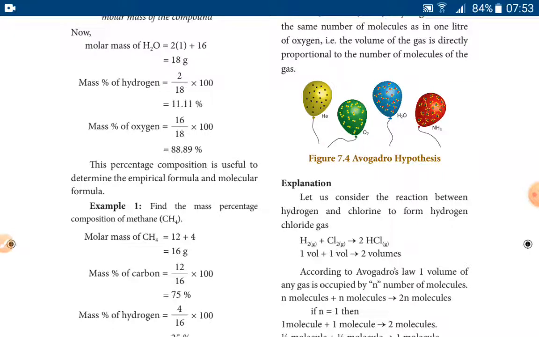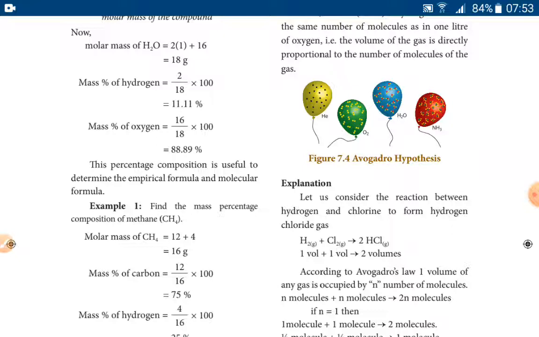So let us consider a simple equation: hydrogen plus chlorine gives 2HCl. H2, 1 molecule of hydrogen, and 1 molecule of chlorine combine to form 2 molecules of HCl. That means 1 volume of hydrogen and 1 volume of chlorine. 1 volume of hydrogen contains 1 molecule of hydrogen, 1 volume of chlorine contains 1 molecule of chlorine.